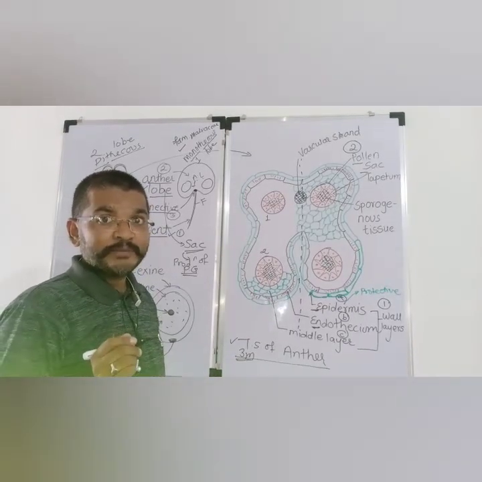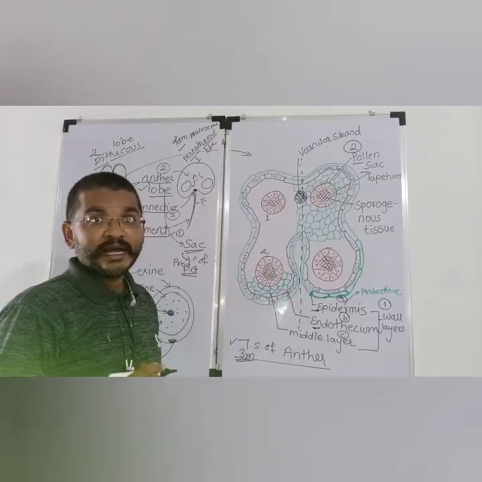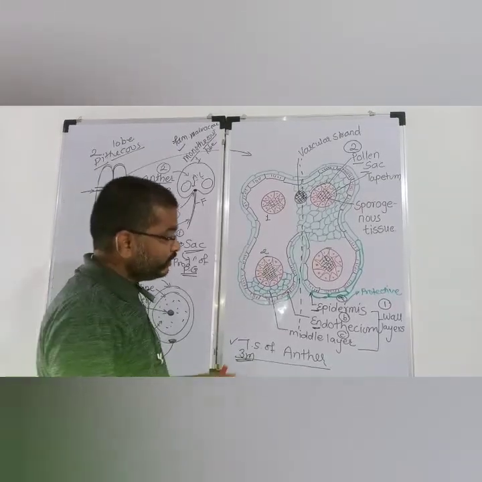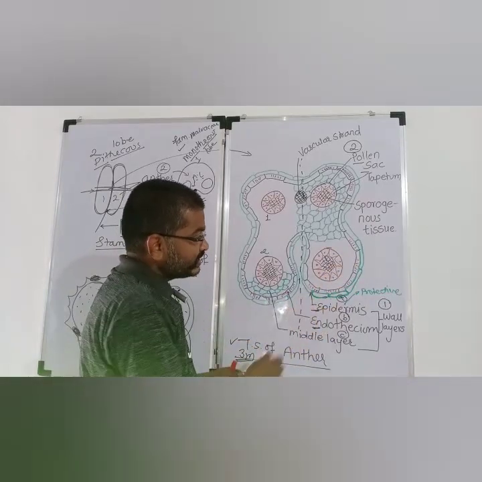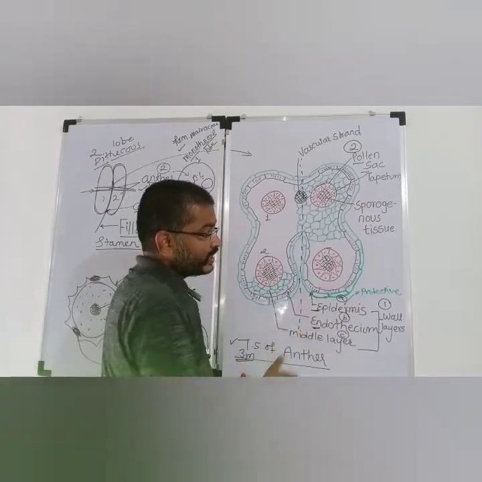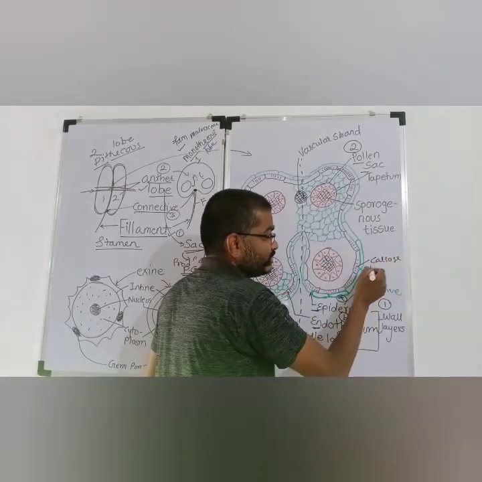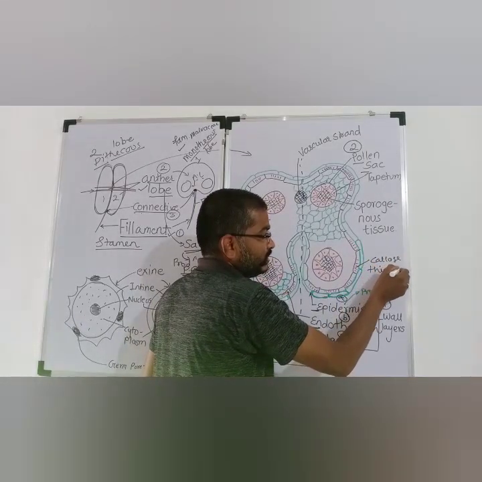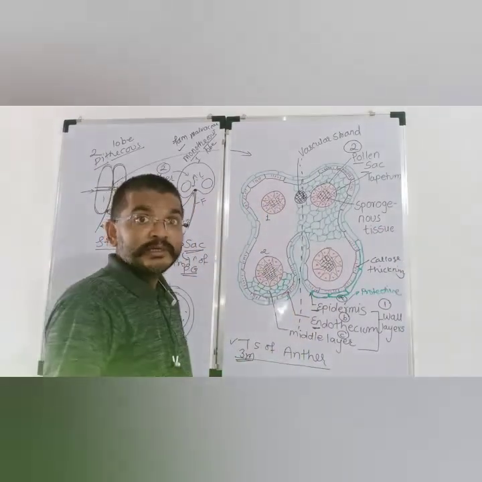Now these fibers are made up of a special type of substance, that is called callose. They are provided with callose fibers. Now only a few cells are provided with fibrous thickening. These red lines are showing this callose thickening. This one is the callose thickening which is present in this endothecium layer.